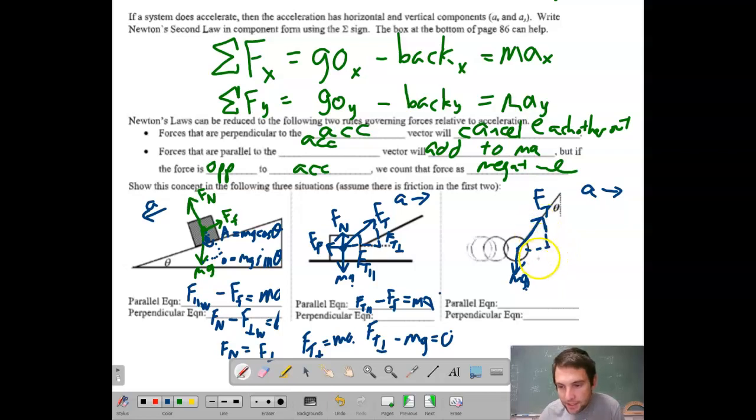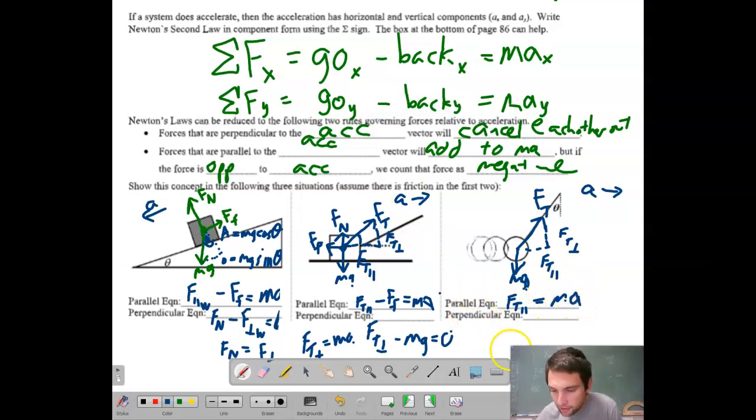So we have this Ft parallel, and then we have this Ft perpendicular. Parallel equation. Stuff that makes it go minus the stuff that holds it back. Ft parallel minus nothing because there's no friction here. There has to be friction if it's rolling, but we'll deal with that sometime later. Equals mass times acceleration.